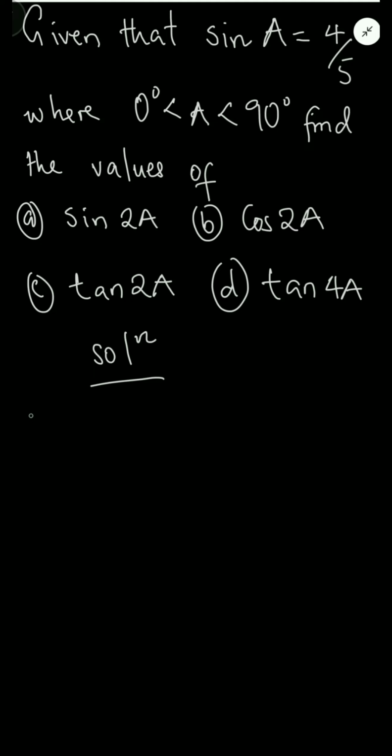We start with the first one. Let us start with A. So A is sine 2A. To answer this one, I'm going to use the double angle identity, as you can see the angle there is multiplied by 2.